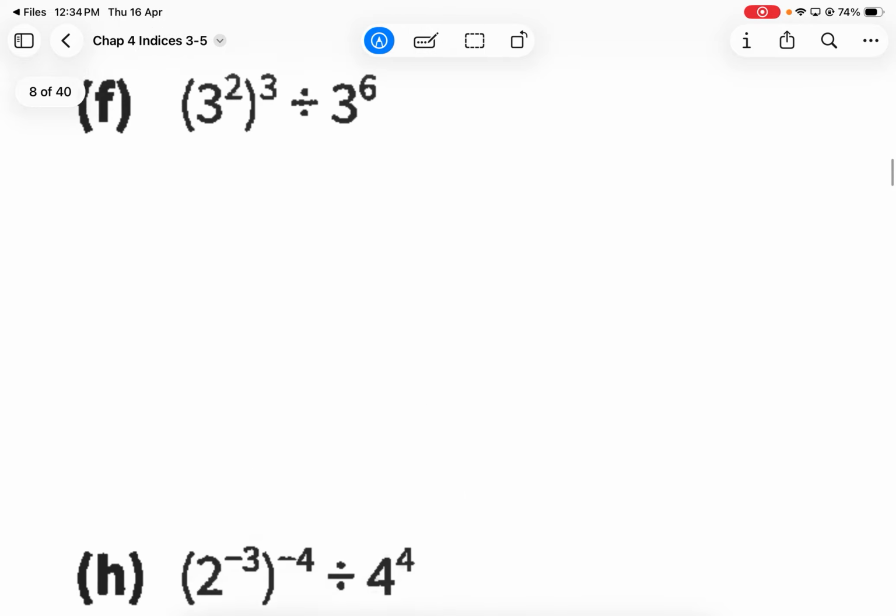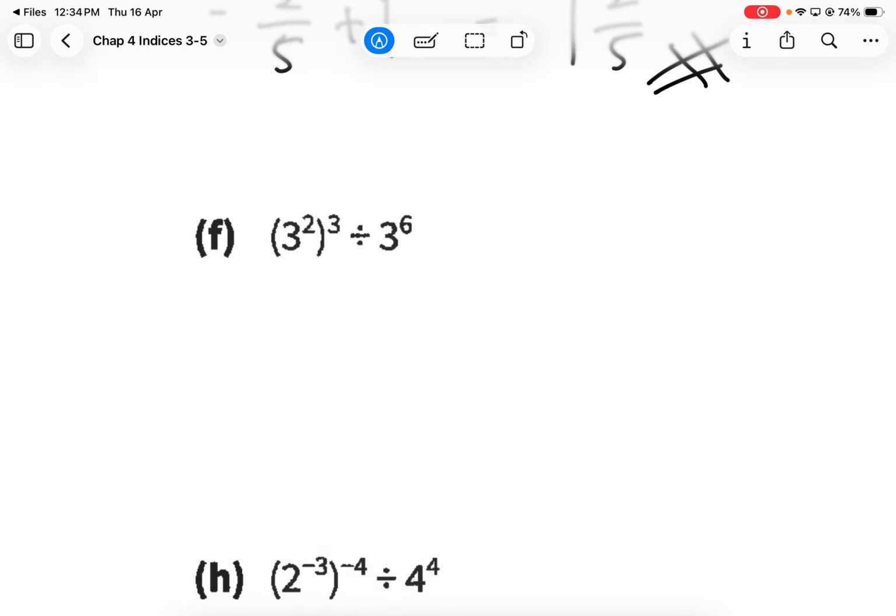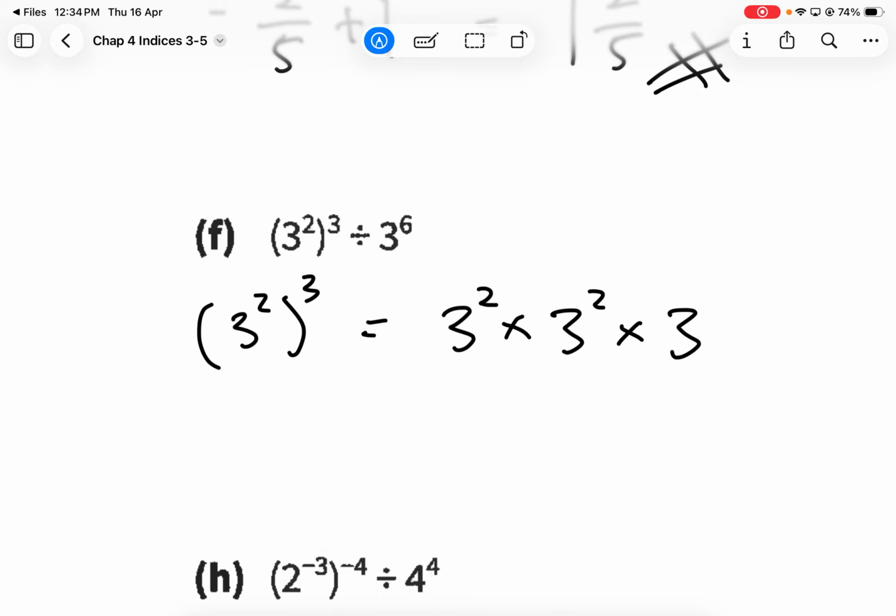Okay, Zoe, you were asking F. I said before, if you don't remember the laws, go to the basic of what is happening. So 3 square to the power of 3, what is actually happening is 3 square multiplied by itself 3 times. Then I'm going to add the powers together. How many am I adding? I am adding 3 times of the 2. 2 add 2 add 2.